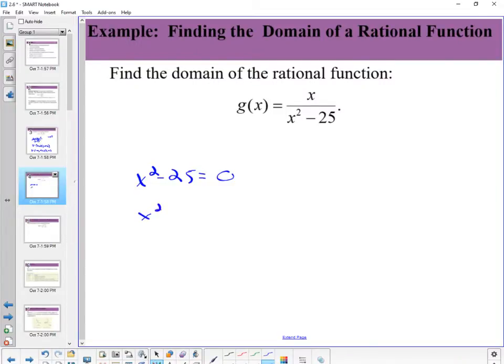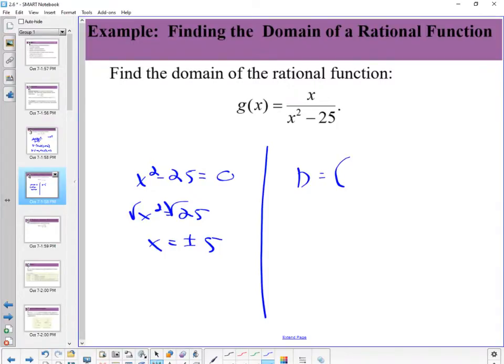So once we do that, we find that x is equal to plus or minus 5. So whenever the value of x is a positive or a negative 5, that would break this, wouldn't it? Okay, so now I know what I cannot be. So that means that x can be an element of all real numbers except x cannot equal plus or minus 5. And there's your set builder notation.